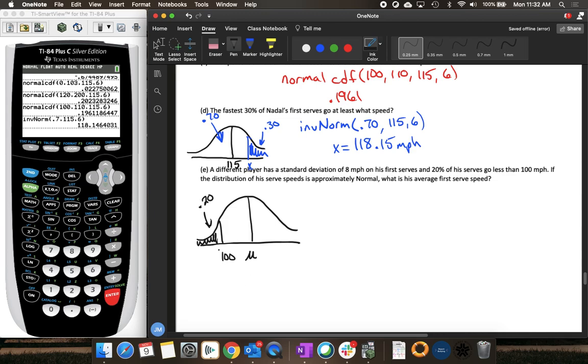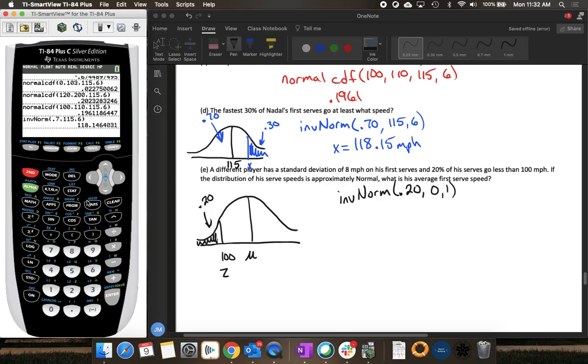But what would be really nice to know is at least what the z-score is for 100. So let's find that first. If we take inverse norm of the area to the left, which is 0.2, and since we don't know the mean just yet, let's just use 0 and 1 for a standard normal distribution.